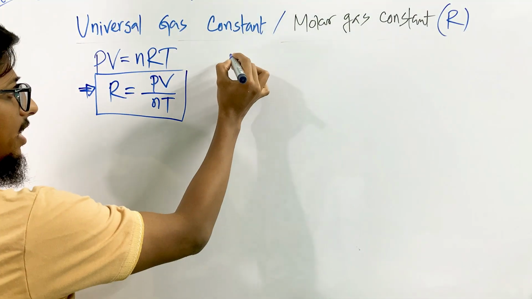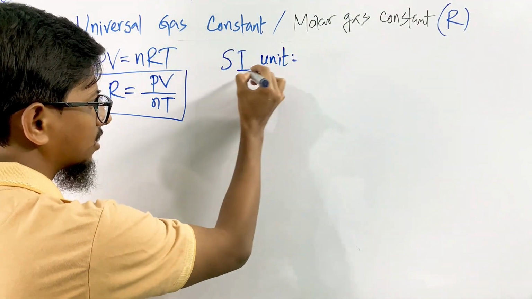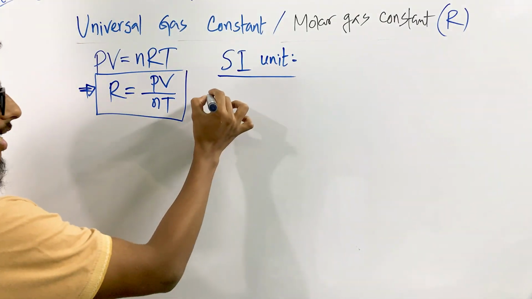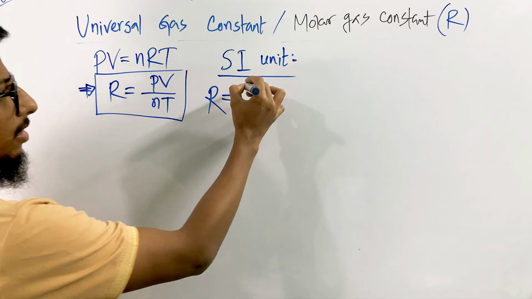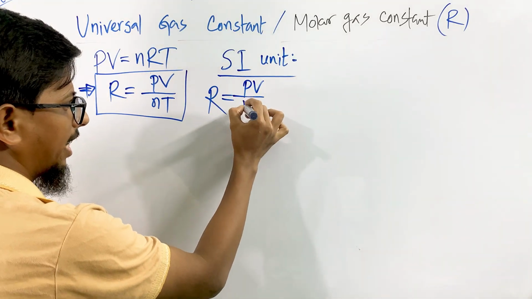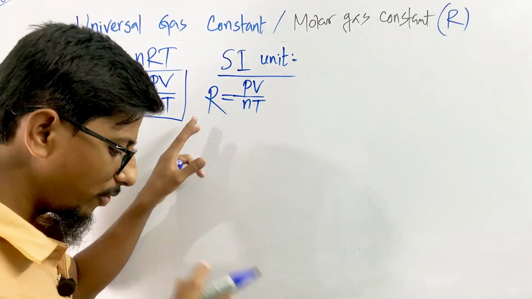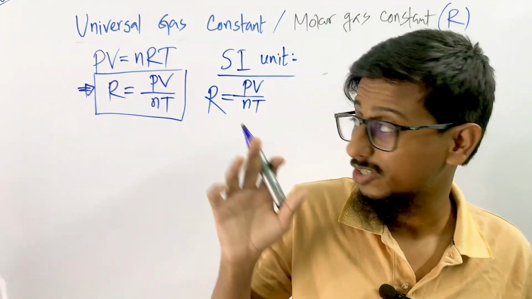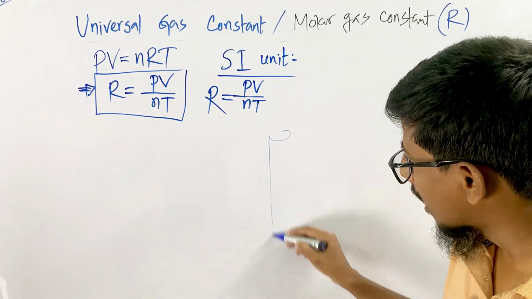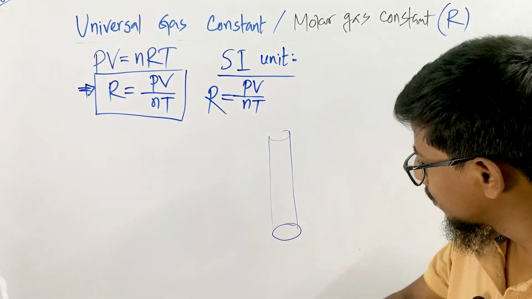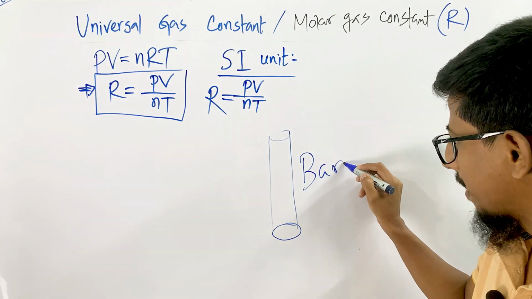First of all, in SI unit, which is the international unit, if you want to calculate R, you have P and then V divided by nT. Remember, guys, the way we calculate the value of the pressure is by using a barometer.